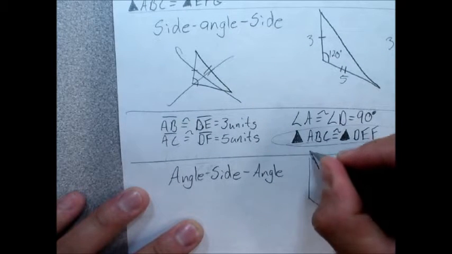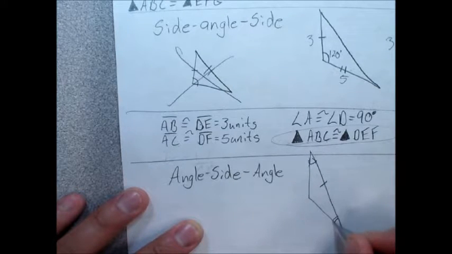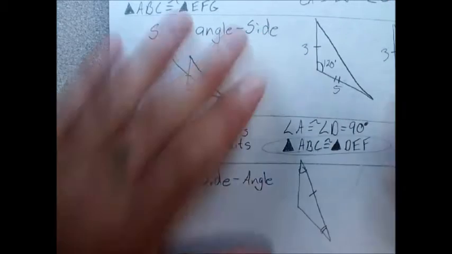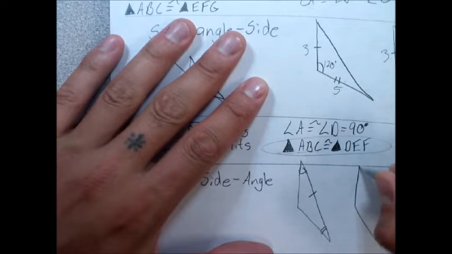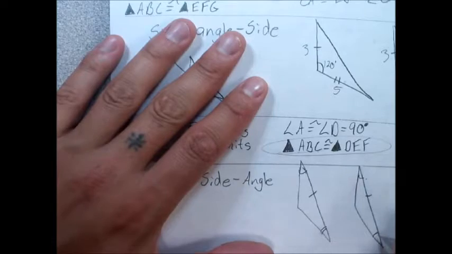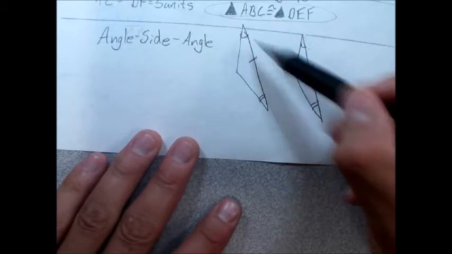If this were my triangle, I have an angle, a side, and then another angle. If I can create another one of these triangles, then I can say the two are congruent using angle, side, angle.